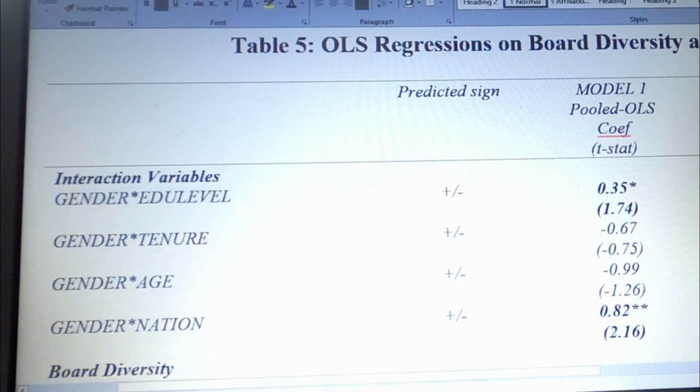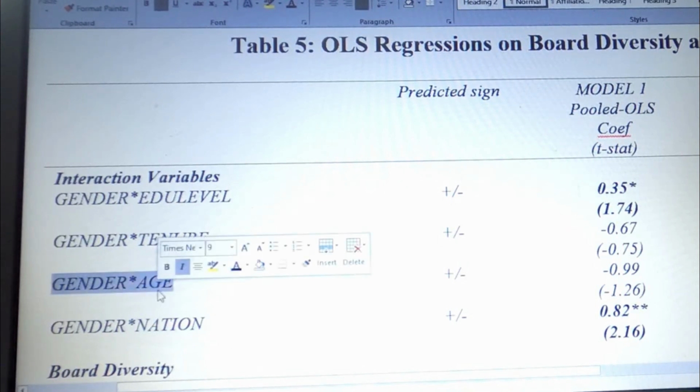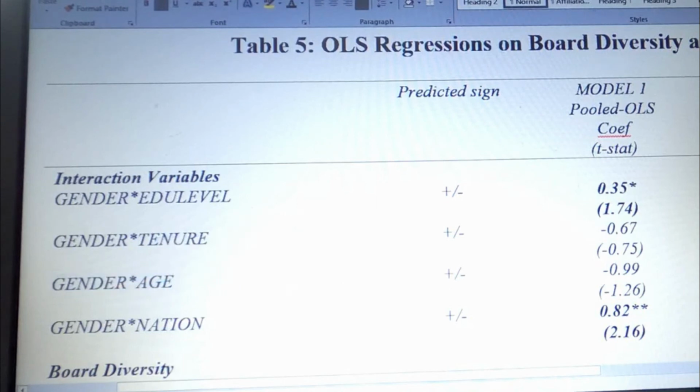If we refer to the substitutive relationship here, for example, the interaction term gender with age is negative.